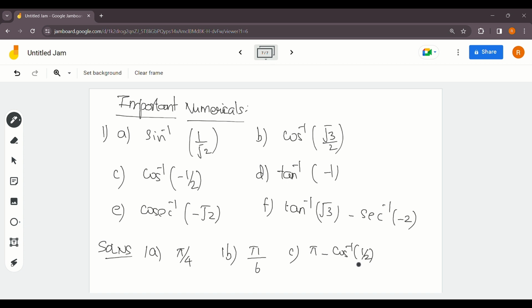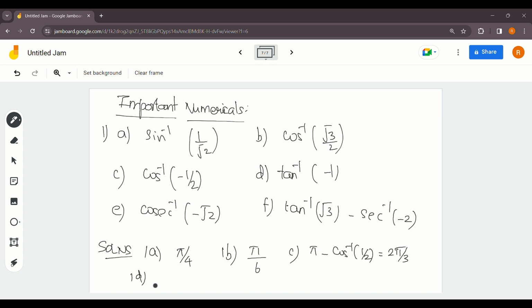Cos inverse of half, everybody knows as 60 from the table. Pi is 180, 180 minus 60 is 120, and 120 can be written as 2 pi by 3. This is the answer. You need not check the domain and range at all. Look at how simple these things are. After learning the properties, these things become very easy.